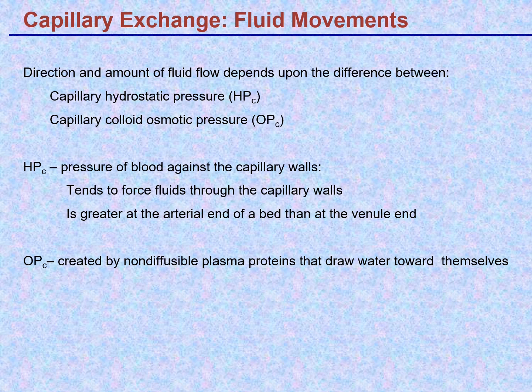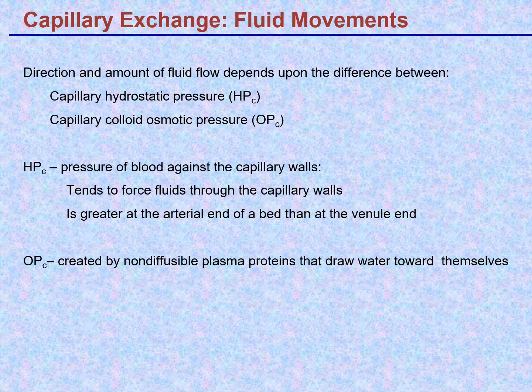That's called colloid osmotic pressure. Inside the capillary, there is a colloid osmotic pressure, mostly generated by the molecule albumin, a protein molecule that's fairly large and makes up about 50% of the plasma proteins.